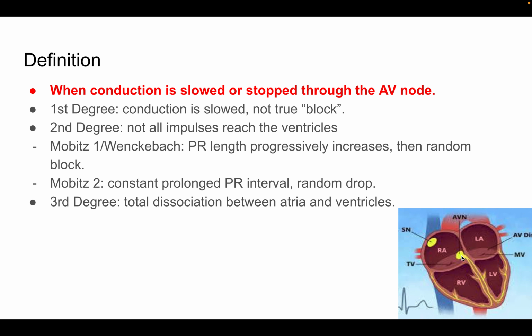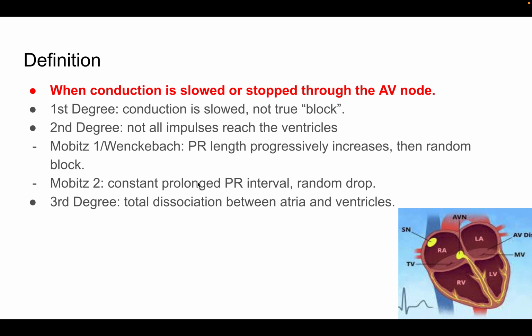So the first impulse is delayed a little bit, the second impulse is delayed a little bit longer, the third is delayed even longer, and then it just doesn't go through. That's Wenckebach. Another way to think of it, and we'll talk about it in just a minute, is a quote: longer, longer, drop, then you have a Wenckebach.